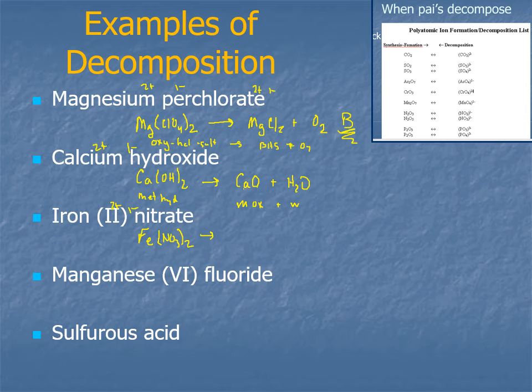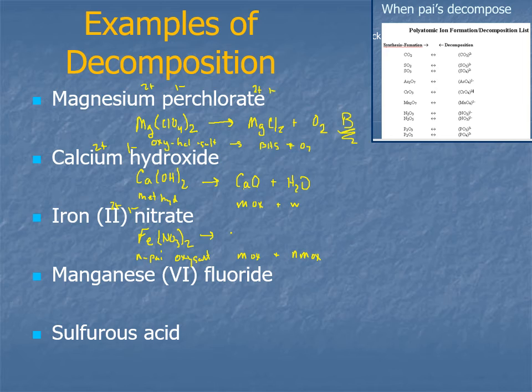Well, iron nitrate is a metal polyatomic ion combination, no halogen, and so this is an oxysalt. An oxysalt breaks down into a metal oxide and a non-metal oxide. Non-metal oxides, whenever they are involved, I have to invoke that polyatomic ion decomposition list thing.